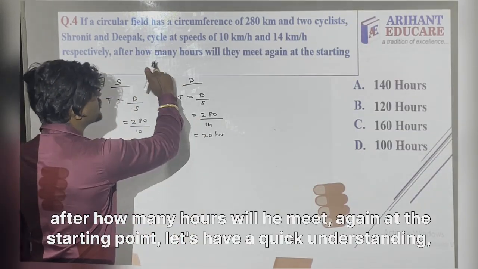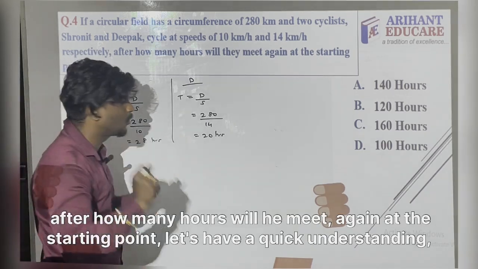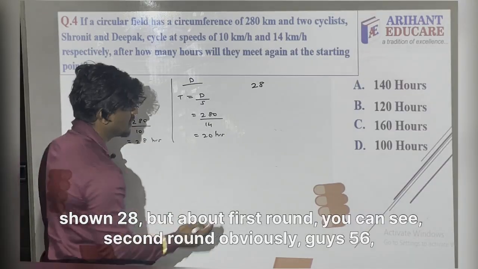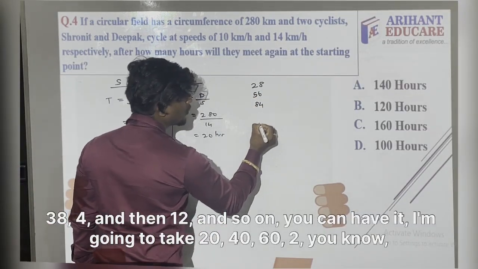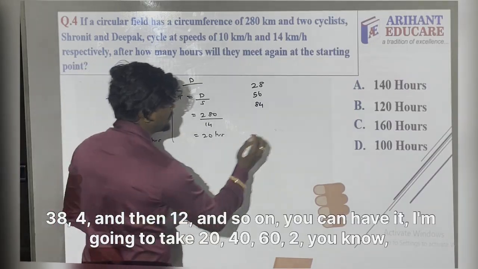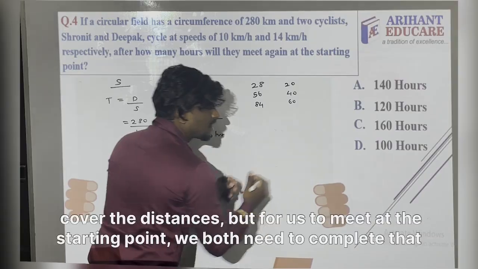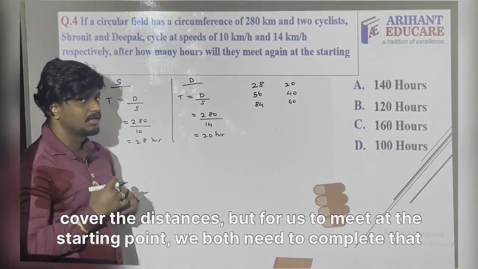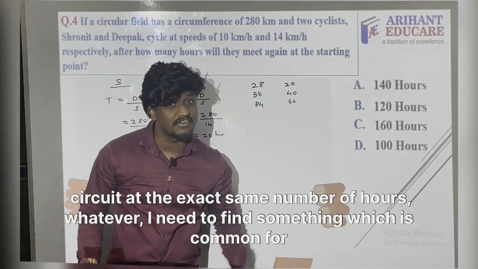Question is, after how many hours will they meet again at the starting point? Let's have a quick understanding. Shonit: 28 for the first round. Second round, obviously, guys, 56. Third, 84, and then 112, and so on. Okay, now I'm going to take 20, 40, 60 to cover the distances. But for us to meet again at the starting point, we both need to complete that circle in the exact same number of hours.